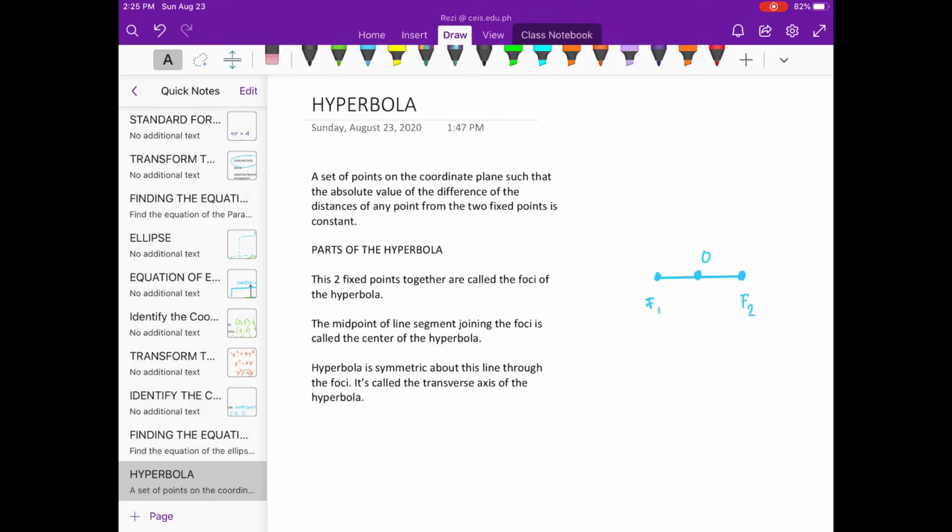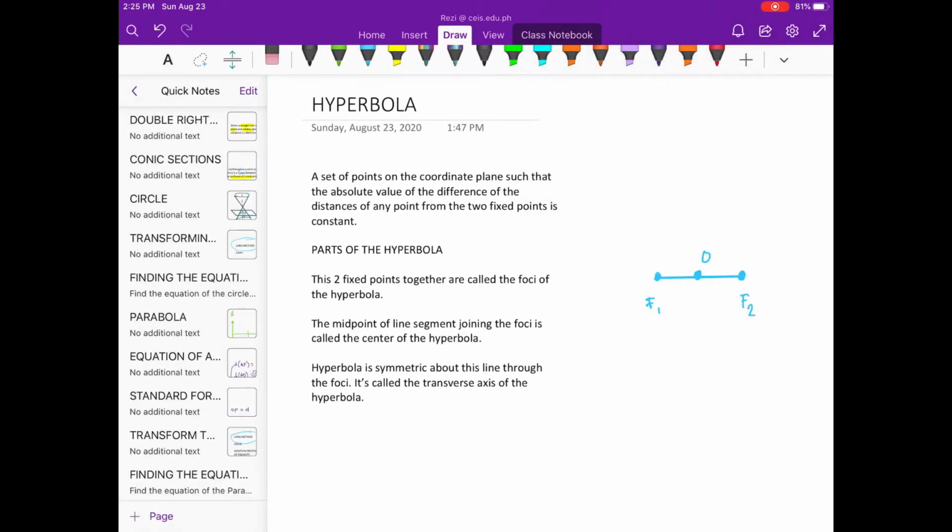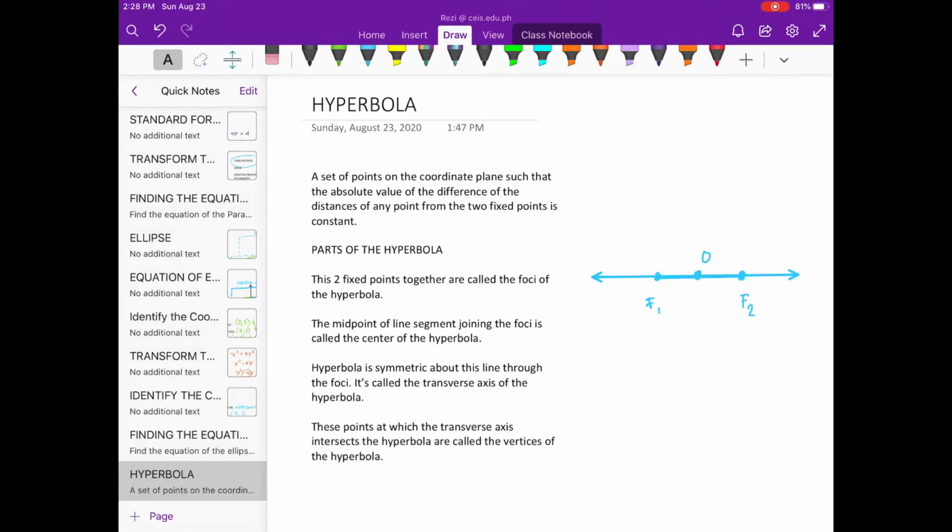It's called the transverse axis of the hyperbola. So let's draw. These points at which the transverse axis intersects the hyperbola are called the vertices of the hyperbola. So let's draw.